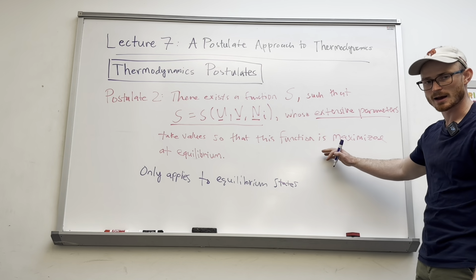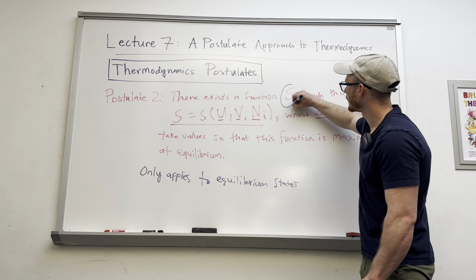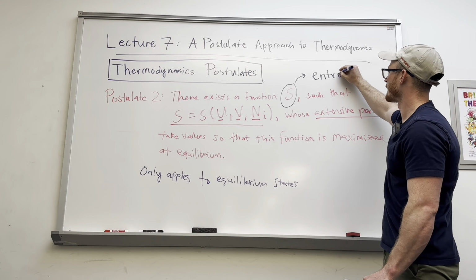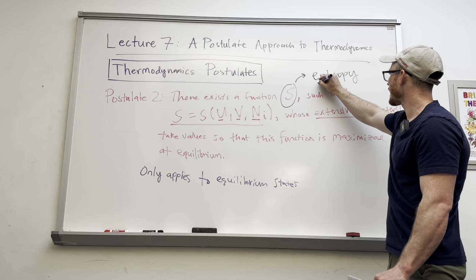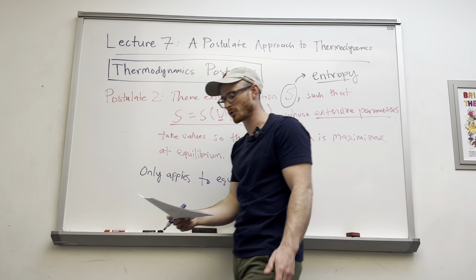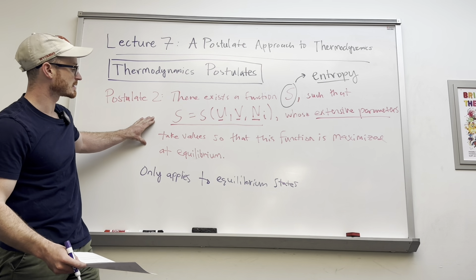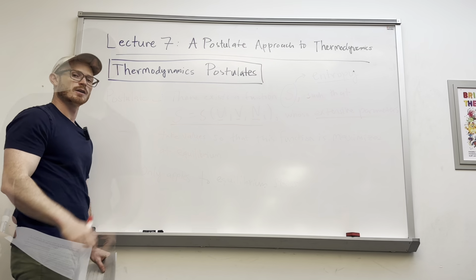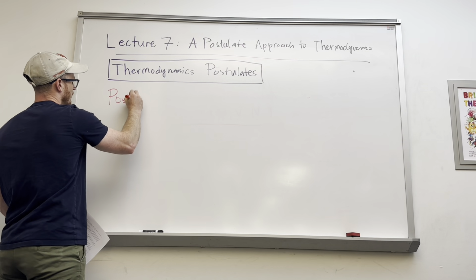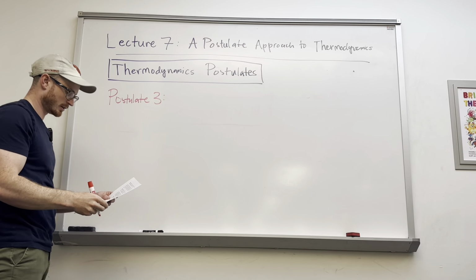Now, you might have guessed, this function we're going to give a special name. S is going to be called the entropy. So for now, we're just postulating the existence of a function. We're going to call it entropy, and we're going to say that this function is maximized at equilibrium. Postulate 3 is related to the properties of this entropy function.